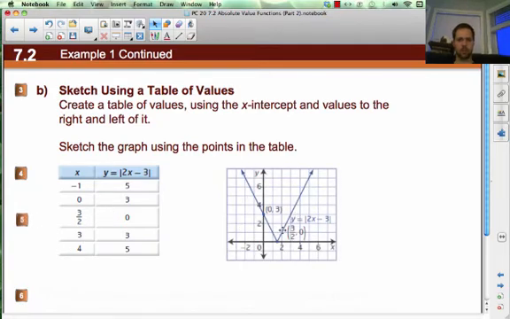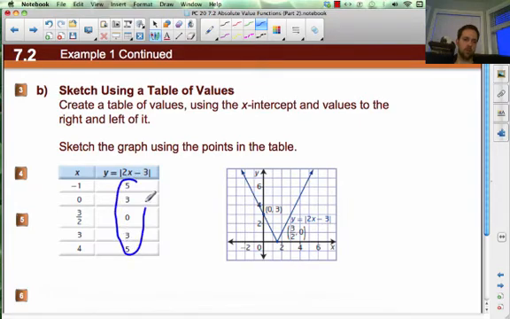Okay, this is what the graph will look like. So we just plug in a point like negative 1. Plug in negative 1, we get 2 times negative 1 is negative 2, sorry. Minus 3 is negative 5. Absolute value is 5. Notice that this column is always positive, okay?